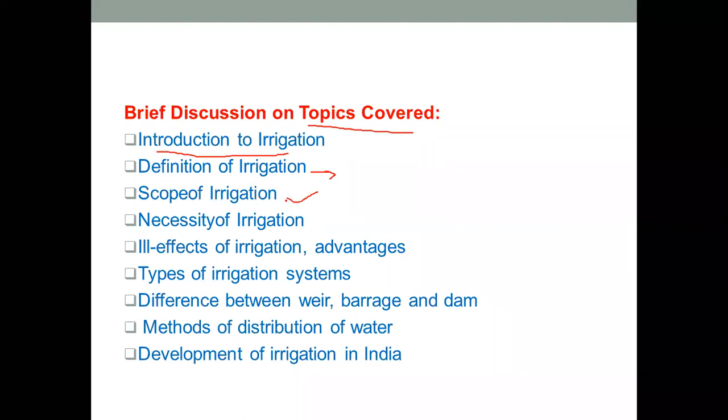Then the agricultural aspect deals with applying the available water judiciously to each crop. The agricultural engineers or BSc agriculture students have to study which crop requires how much amount of water.